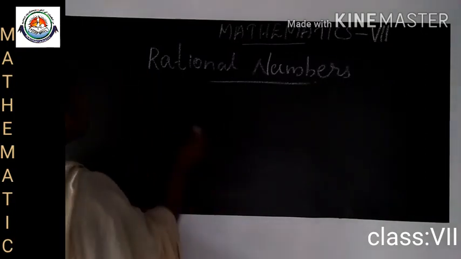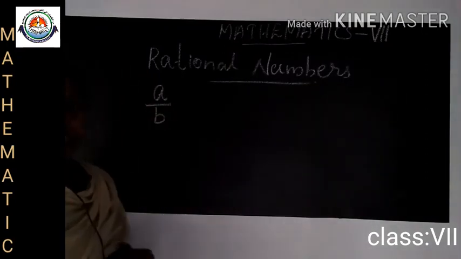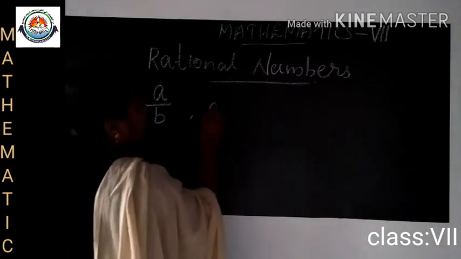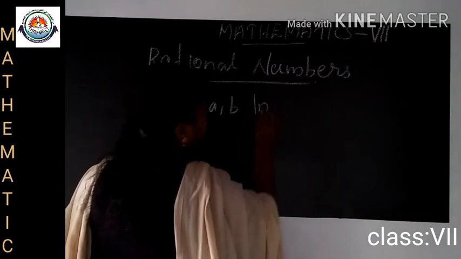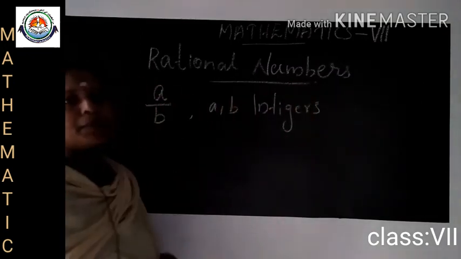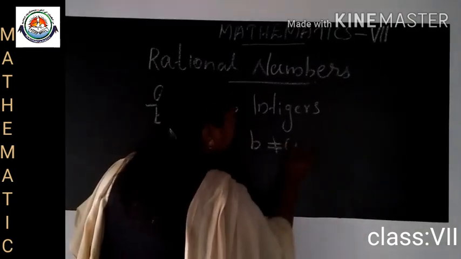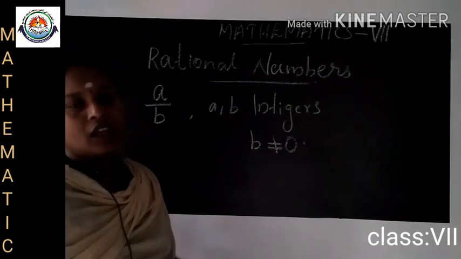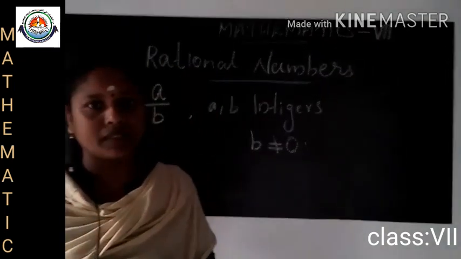So rational numbers means we can express them in the form of A by B, where A and B are integers and B is not equal to 0.